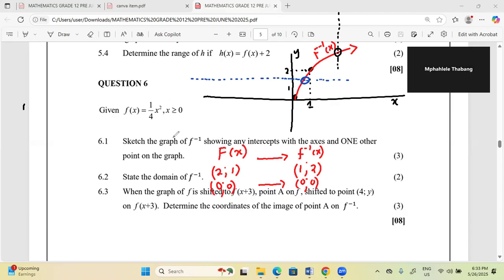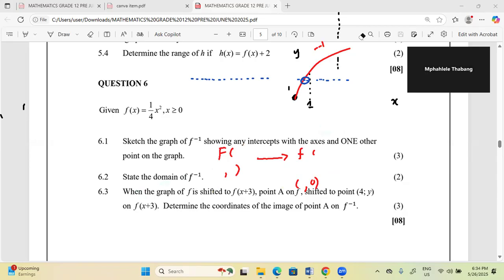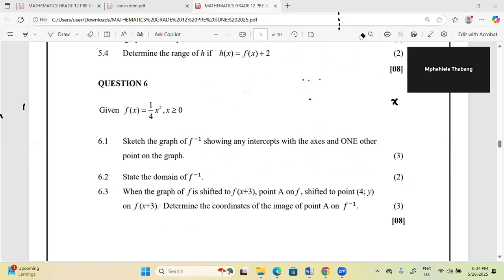Okay, so this is the sketch of the inverse. And guys, please, when they ask you to sketch the inverse of a function, identify the points on the original function. That's the first thing. You say on the function f of x, I have a point 2 and 1.